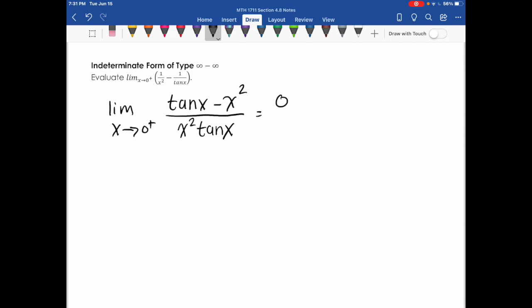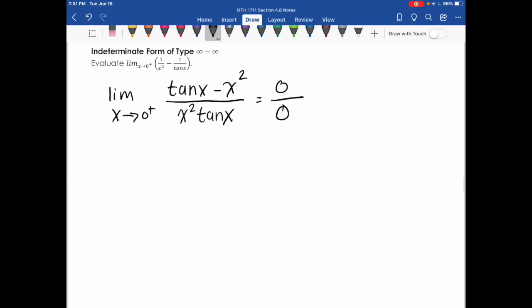Now, as x approaches 0 from the right, the numerator is going to approach 0. And the denominator is going to approach 0. So now I have the indeterminate form 0 over 0, and I can now apply L'Hopital's rule.